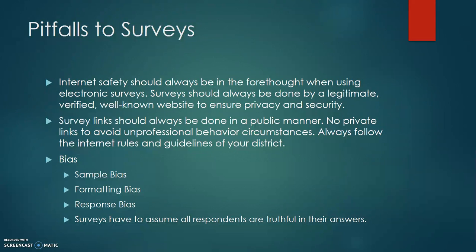Lastly, pitfalls are biases. A bias is simply a way of masking truth. And here are some examples that you must be aware of. A sample bias for a survey is simply the number of surveys that you send out versus the number that you get back.